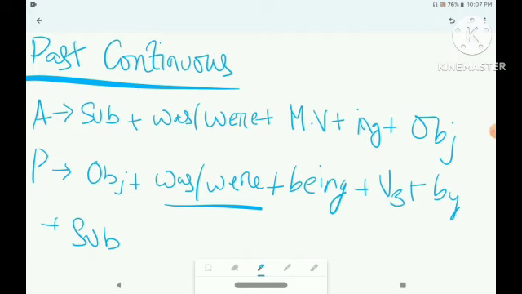But now the question arises, I think I have to tell this in the middle of the session: why we use passive voice. We can make use of passive voice when the doer is unknown or unimportant.